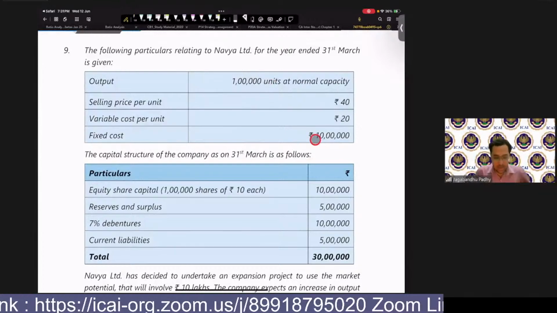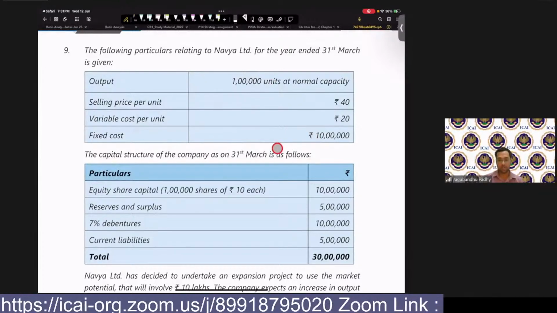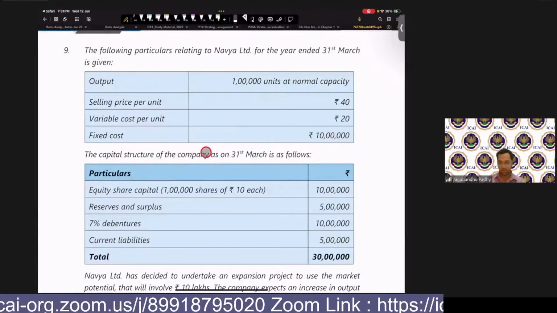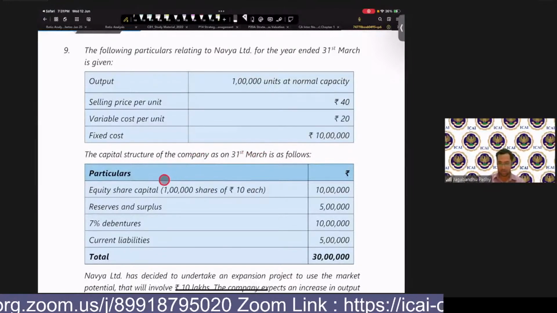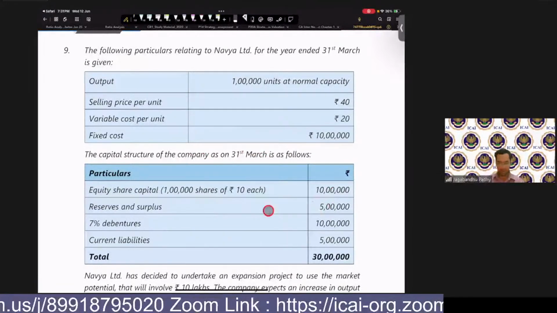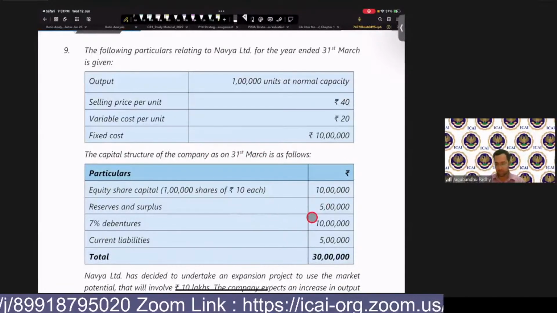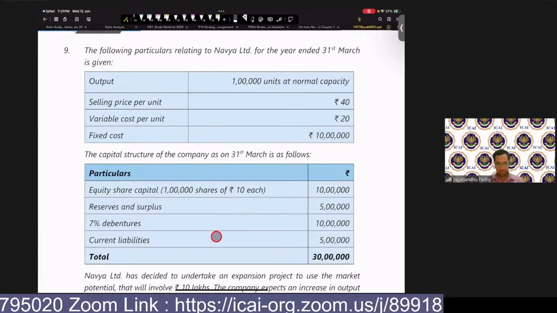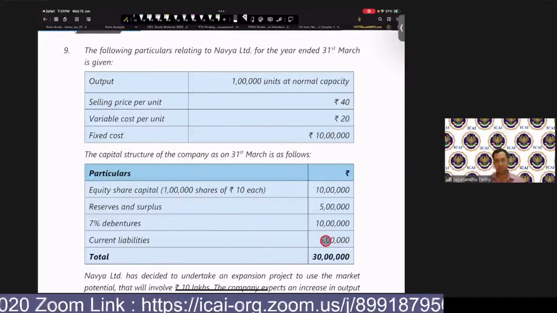Stock is 10 lakh. The capital structure of the company as on 31st March is as follows: equity share capital 10 lakh, reserves and surplus 5 lakh, 7% debentures 10 lakh, current liabilities of 5 lakh.